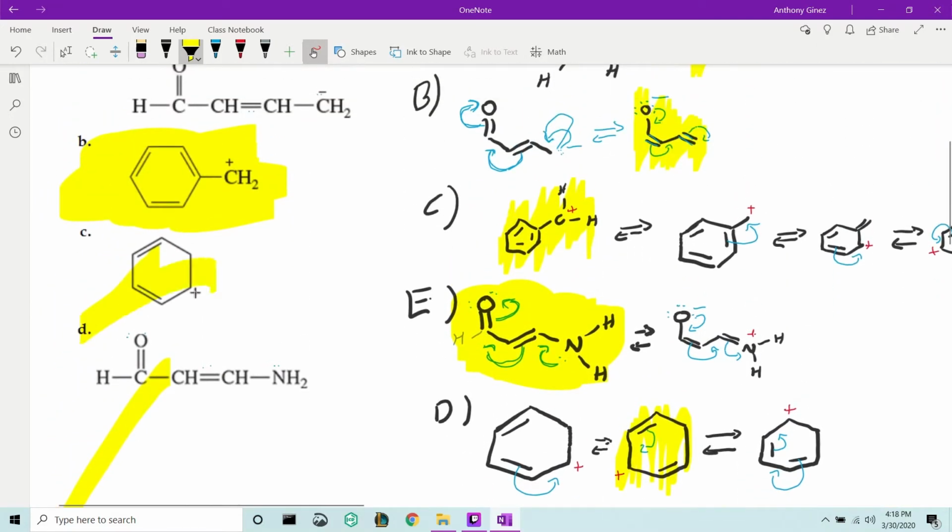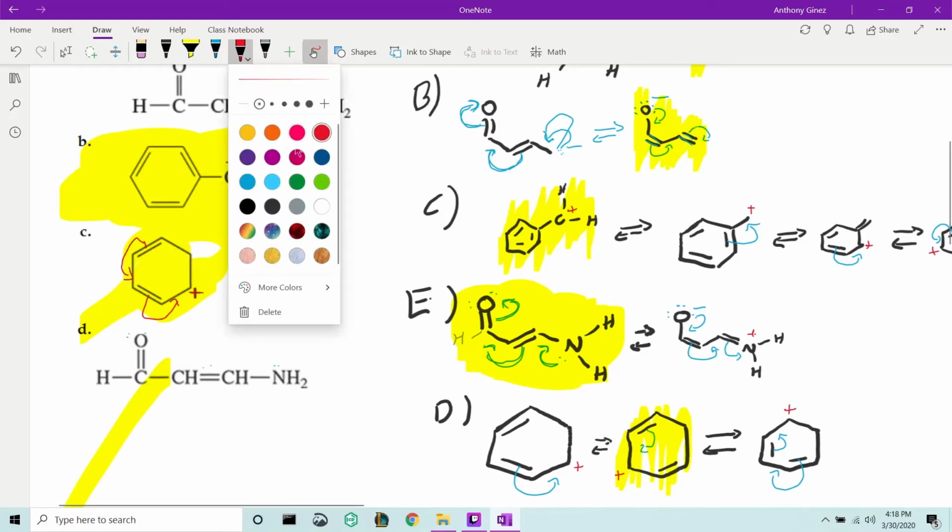Now, skipping back to D, what do we see? We see an electron sink in the form of this partial positive charge. We see electrons adjacent to it, which allow it to flow into it. And then we see more electrons adjacent, which allows it to flow into the sink that would be created here.